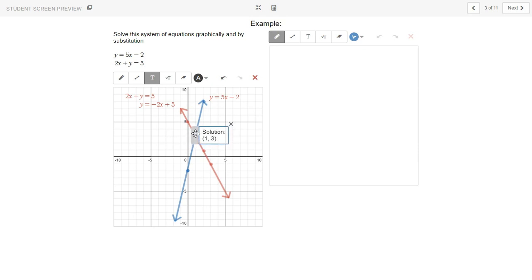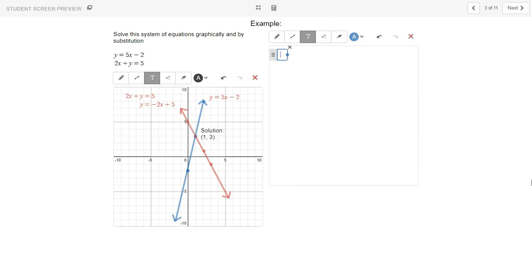Now, I know that when I solve this by substitution, I should have exactly the same answer. Let's do it by substitution here and check if this is what we get.